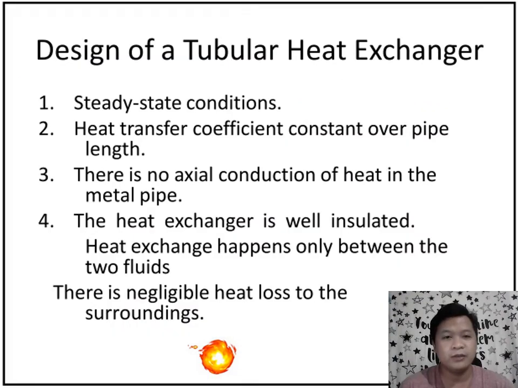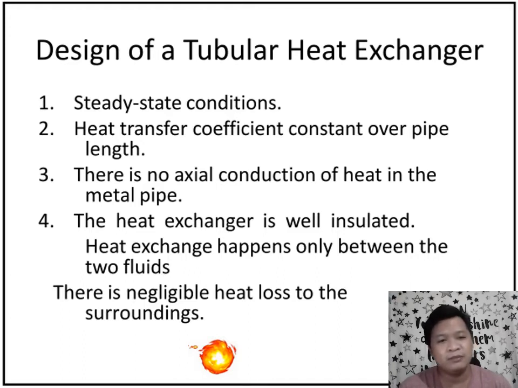So let's now go on to the design of a tubular heat exchanger. Please take note that this is pretty basic and will not really cover the actual designing from scratch, no? But basically the principles on how heat exchangers work.